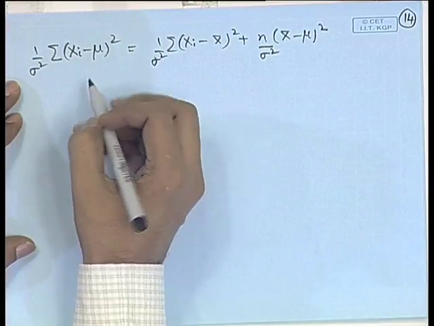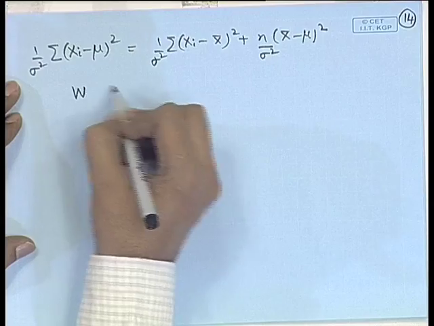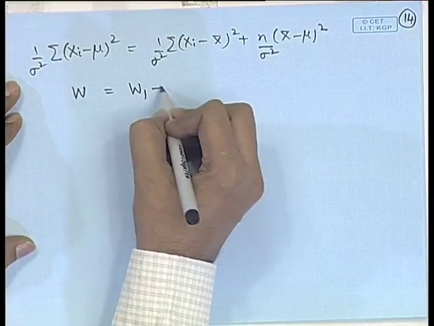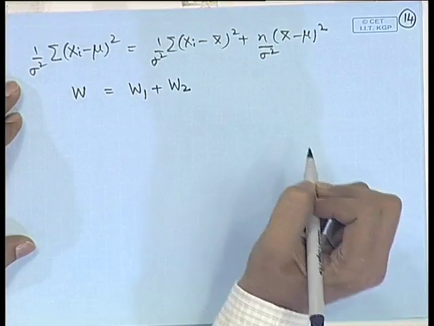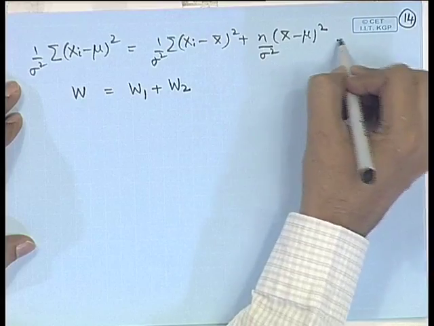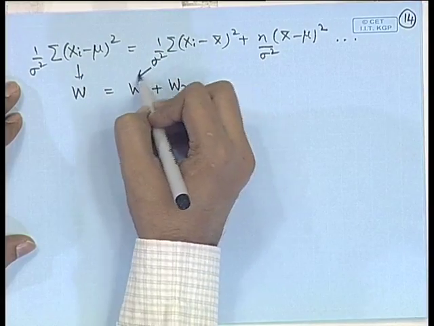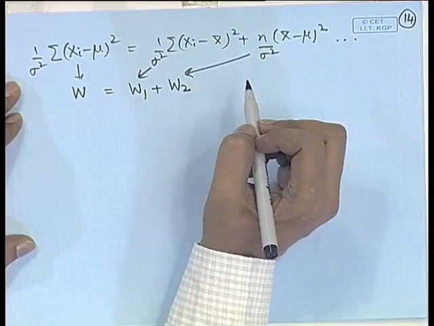Let us name these variables as w is equal to w 1 plus w 2. This is w variable, this is w 1 variable, this is w 2 variable.